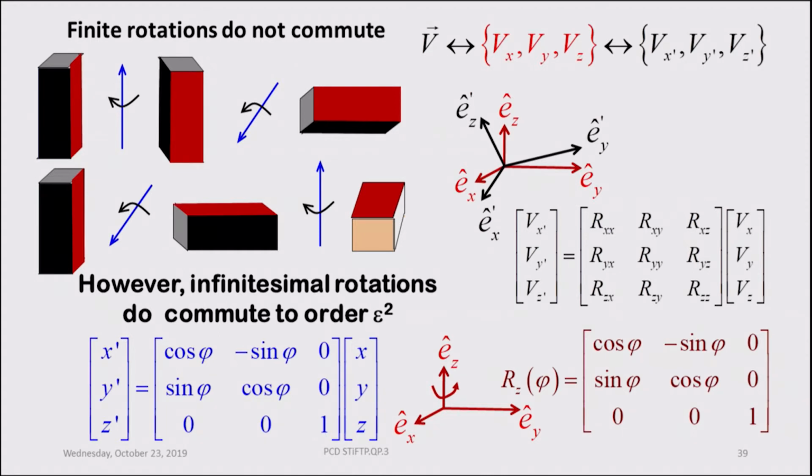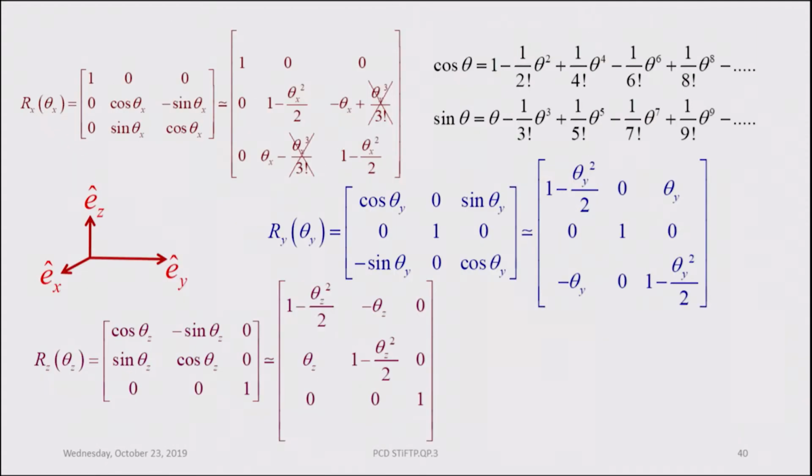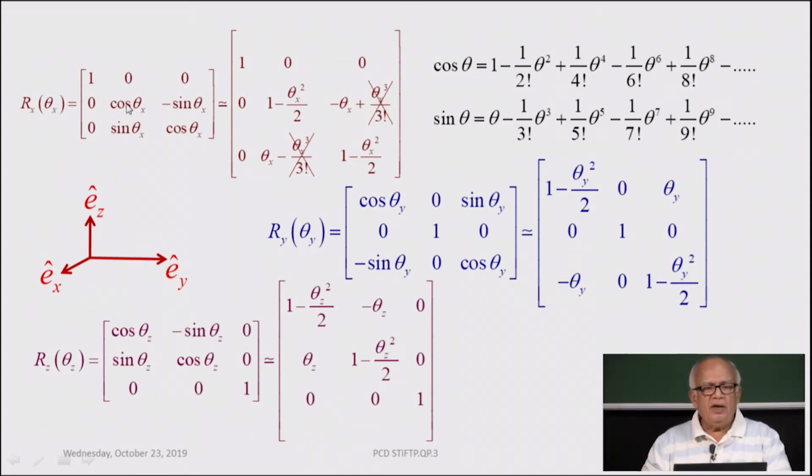So, this is the rotation operator for rotation about the z axis, and you can similarly write the rotation operator for a rotation through an angle theta x about the x axis, which is this. You can expand the cosine theta and the sine theta in a power series and truncate at the second order, throwing away all the third order terms.